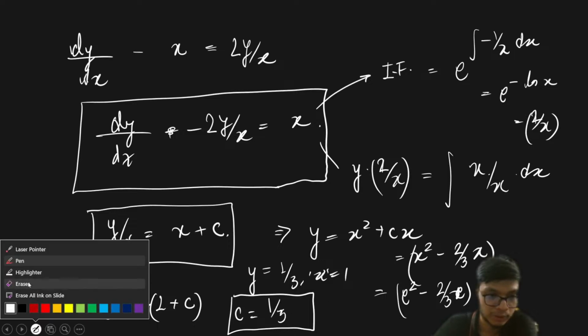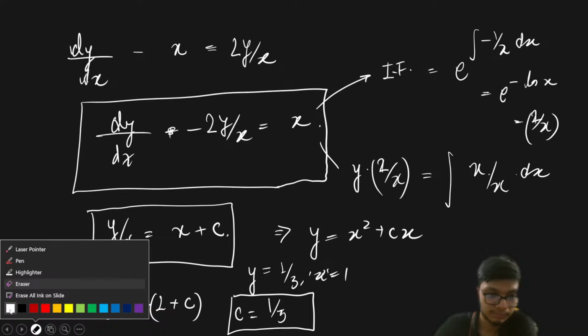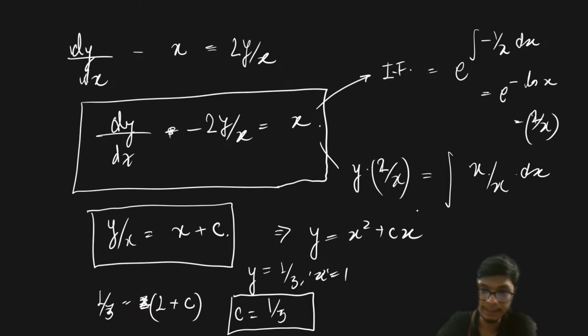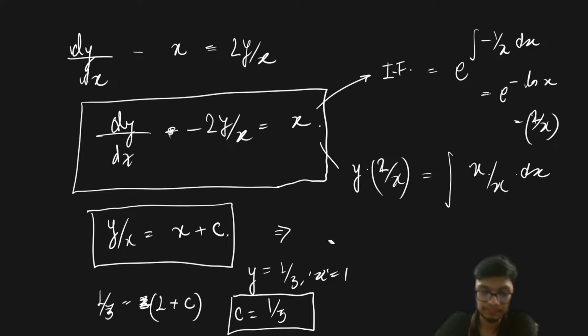And with this, if we try to put it over here, the solution will be looking like... and there is one more x squared term that is there.